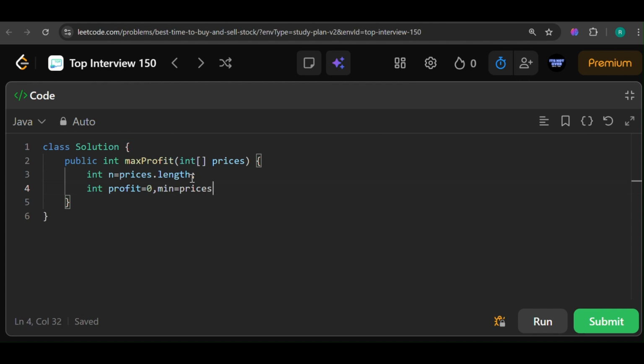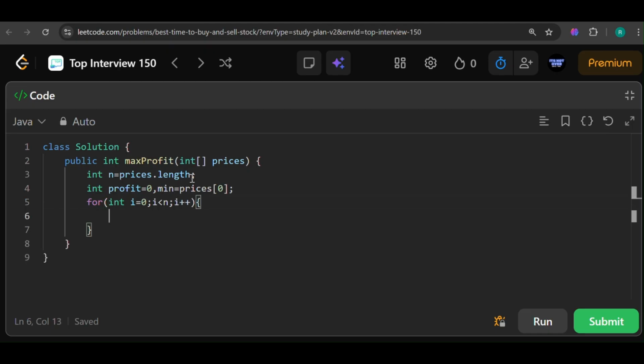Why the 0th index of my array? Because I don't know which element is the minimum. So to compare, I imagine that my 0th index element is my minimum element. So I created a for loop to iterate over all the elements, with int i equal to 0, and i runs up to the value of n, increasing step by step.